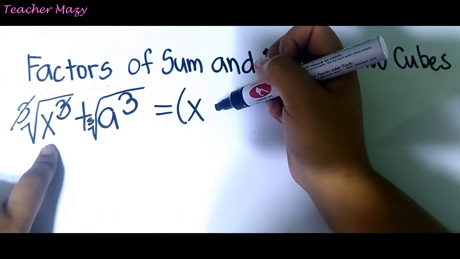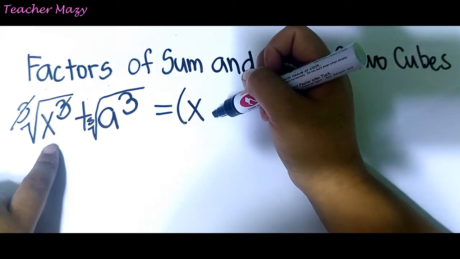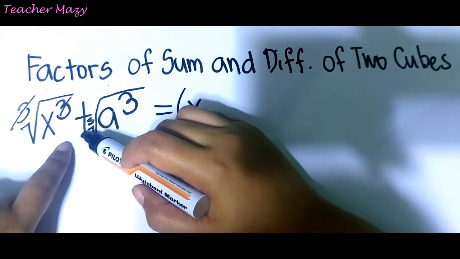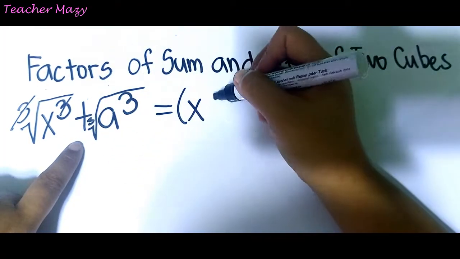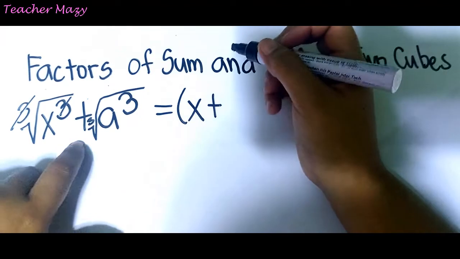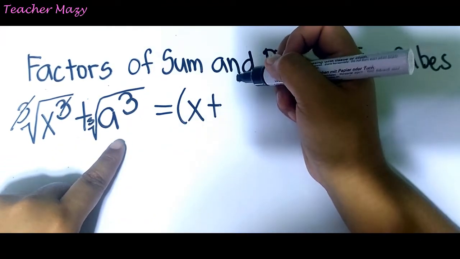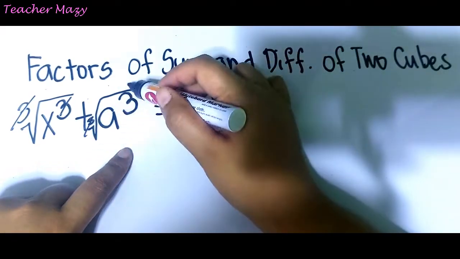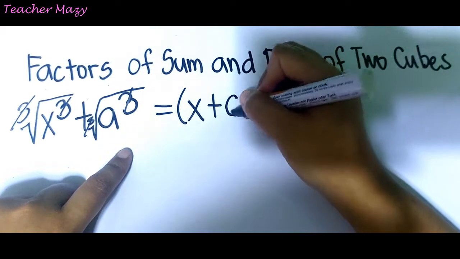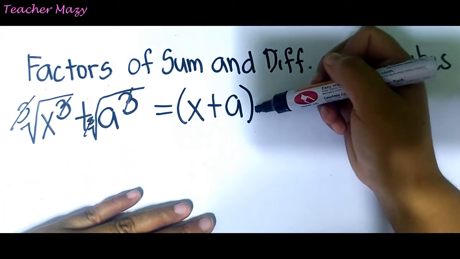So the cube root of x cubed is equal to x, and then we need to use the operation between them, which is addition. And then for the second term, we need to get the cube root of a cubed. So we just cancel it, and that is equal to a. So this is our first factor.